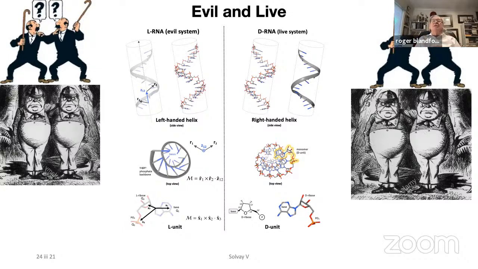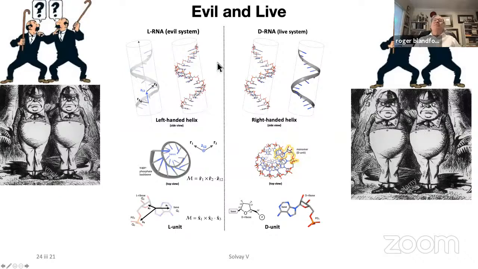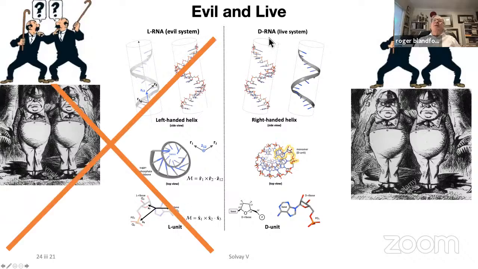The key thing is there are two systems, and we've used the words live and evil to describe them because one's the other backwards. And so live is what we're familiar with around us, and everything we've seen so far of living things has used the same system.